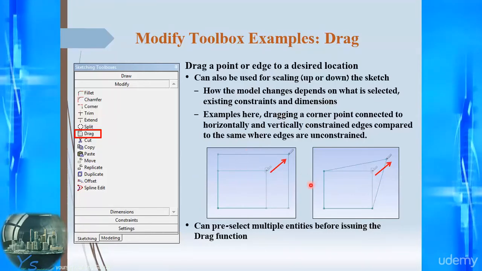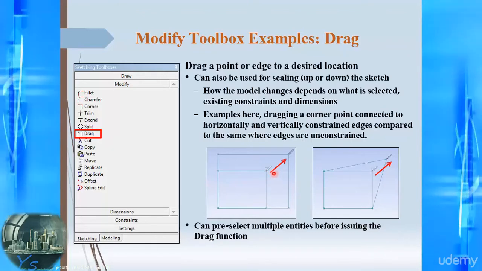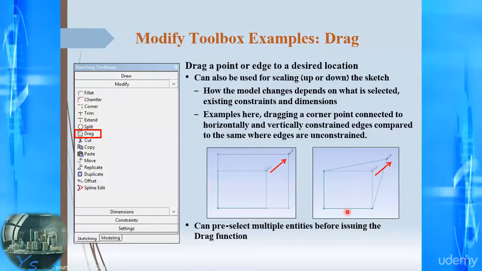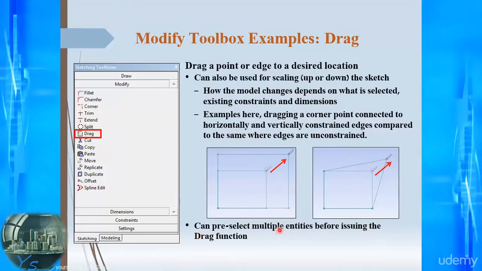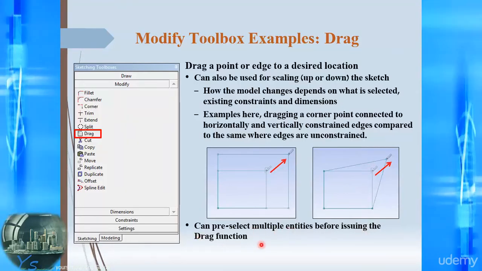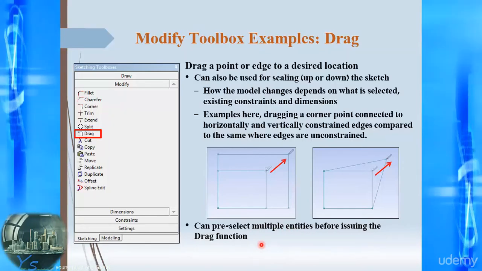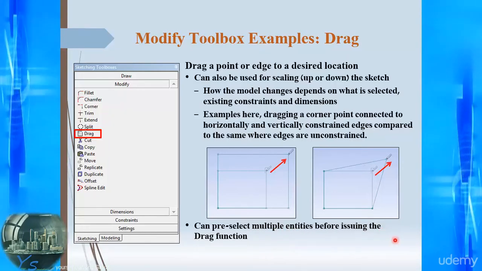The example here is taking this simple rectangle, taking a point in the rectangle and dragging out to form this new modified sketch. We can also select multiple entities in advance before we issue the drag function itself. We don't need to select them after we've selected the drag function.